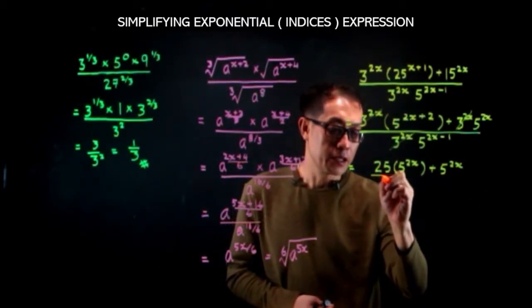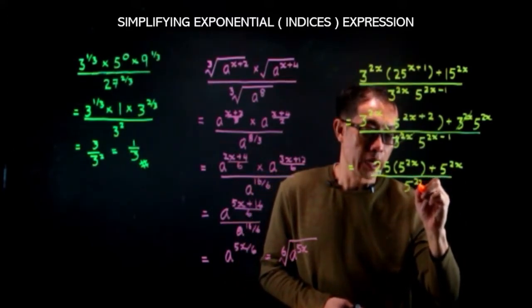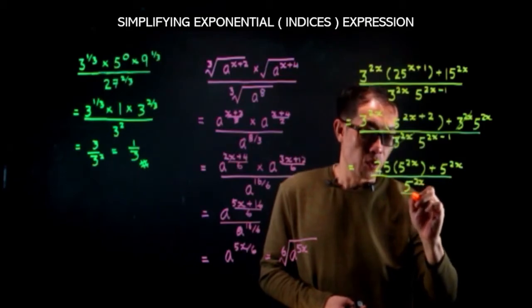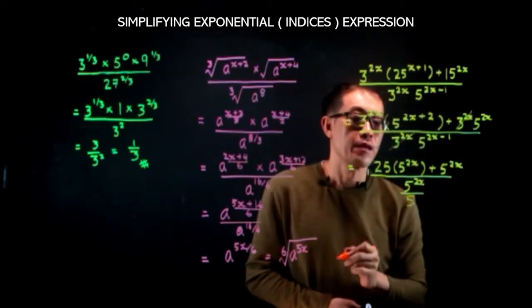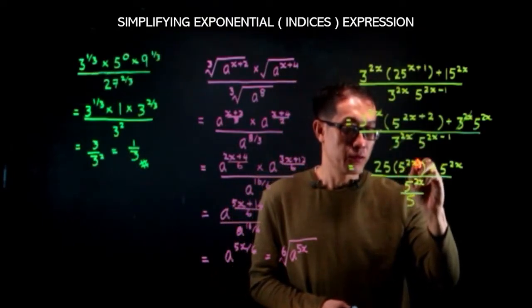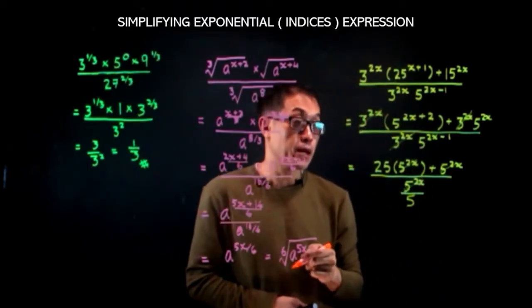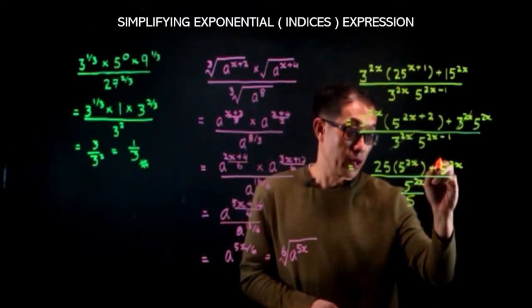Now the denominator, we can express it as 5 to the power of 2x minus 1 is over 5. Okay? Now this is common, we can cancel them. Alright, because in the denominator you have 5 to the power of 2x. So this one you are left with 1.